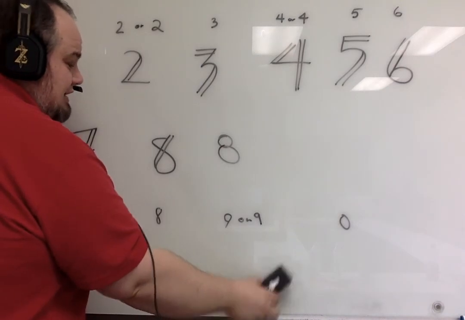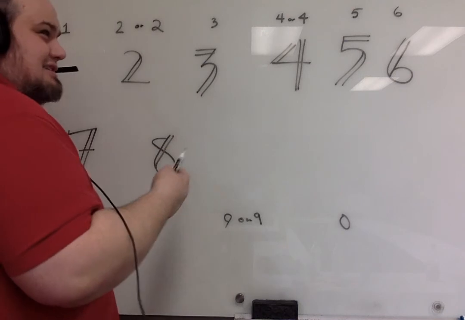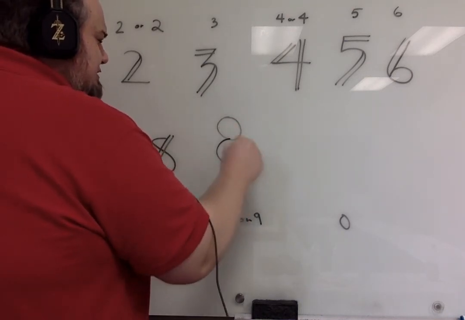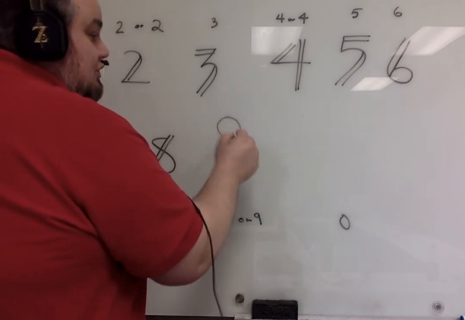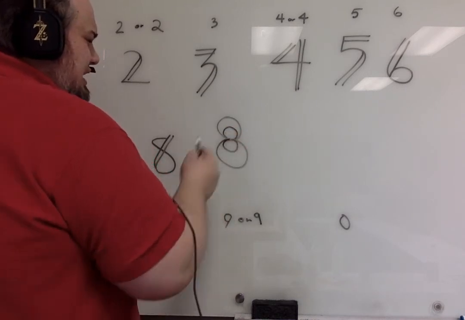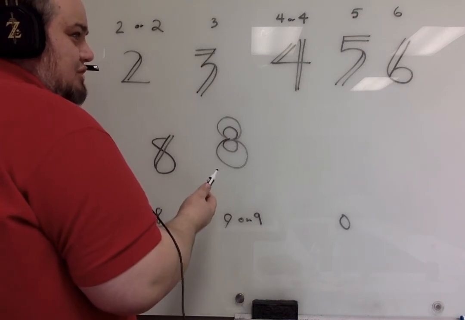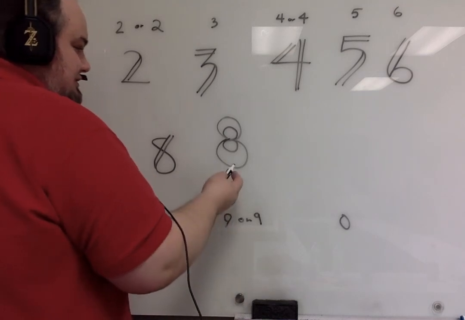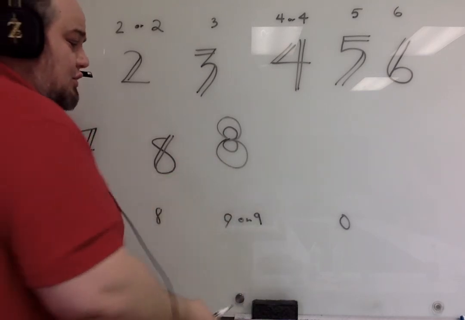There used to be, and once again, this is kind of an older, archaic version, and it's not used anymore, but there used to be a capital 8 that was two tangent circles like this that are externally tangent that also had two internally tangent circles that were all tangent at the same point. So it looked like an 8 inside of an 8. But it's a little too time consuming to draw, so if you're writing in all capitals, then that capital 8, you can see, took me a lot longer to draw than this one. So it's just not used anymore.